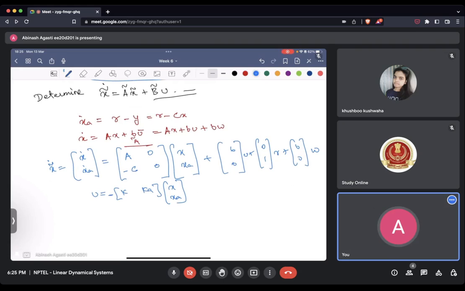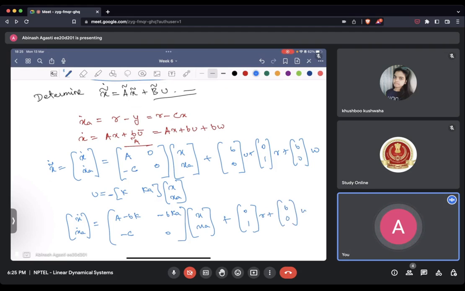So this whole thing, X dot, XA dot, is equal to A minus BK, 0, minus C. Here we'll get minus BK_a, and then we'll have here 0 and this will be X, XA.